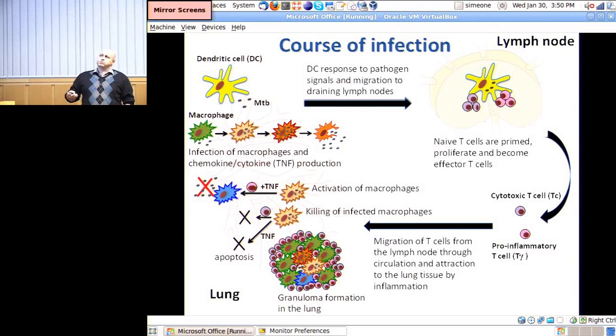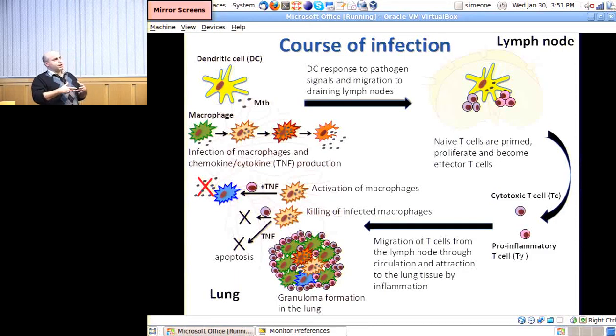But these T cells also do other things, such as killing infected macrophages directly, and also indirectly through apoptosis, which is programmed cell death, where the infected macrophage dies. And this whole process releases some of the intracellular bugs, and they continue the process, the continuous turnover of macrophage infections.